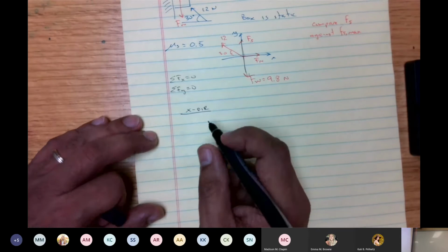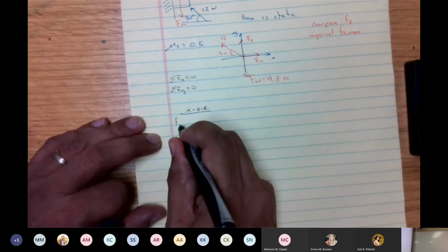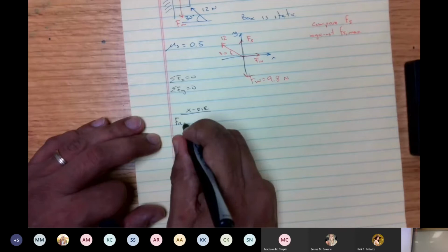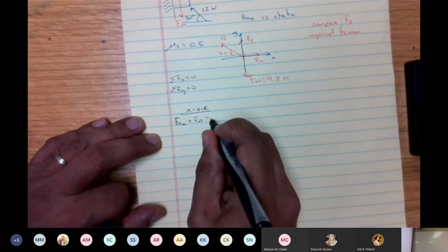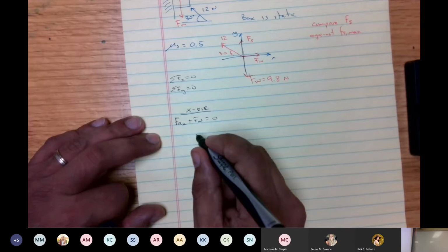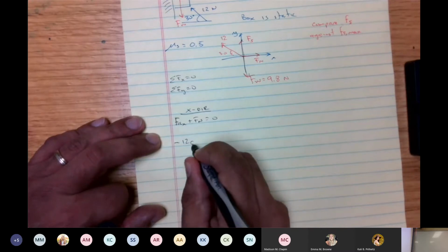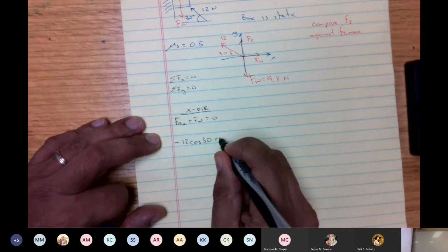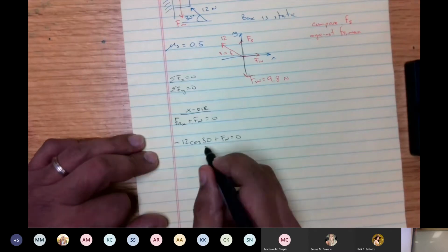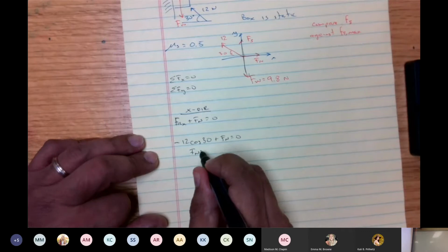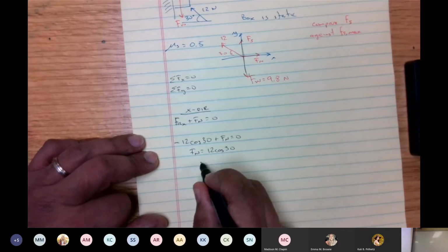I'm gonna have the X component of the applied force plus the normal force equal to 0, and this is gonna be minus 12 cosine of 30 plus the normal force, equal to 0. So the normal force is gonna be 12 cosine of 30, and this is gonna be 10.4 newtons.